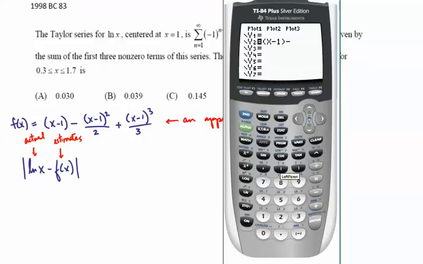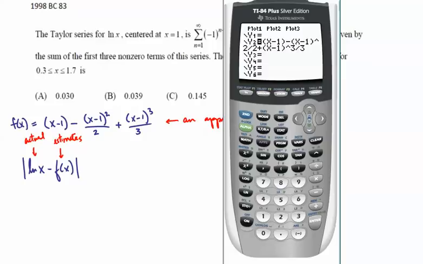Minus x minus 1 to the second power divided by 2 plus x minus 1 to the third power divided by 3. So let's just double check: x minus 1 minus x minus 1 to the second over 2 plus x minus 1 to the third over 3.